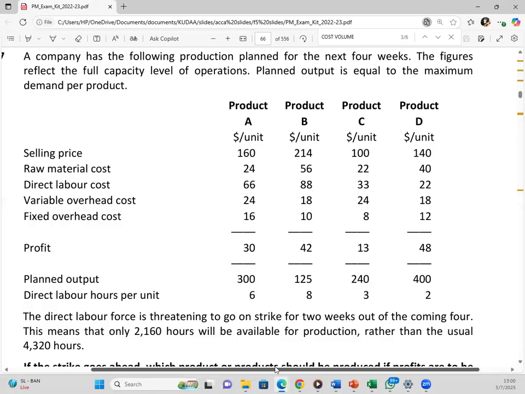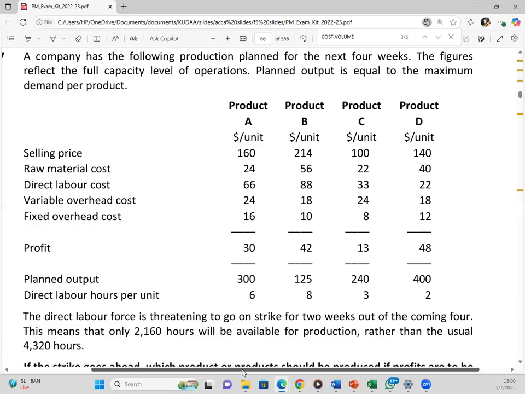So our limiting factor in this case is most likely to be the labor time, because the question has stated that the workers are proposing to go on a strike. So meaning that the labor time available is going to be reduced. Okay, so step 1 has been done for us.